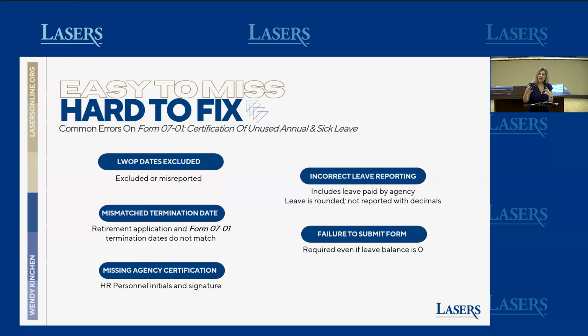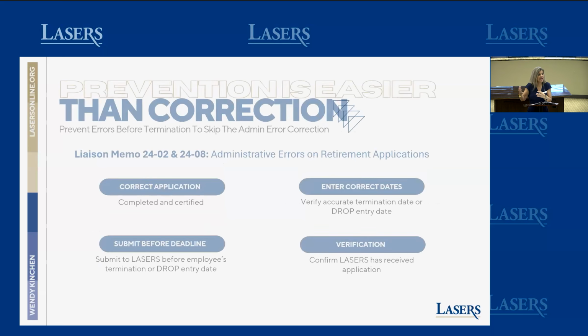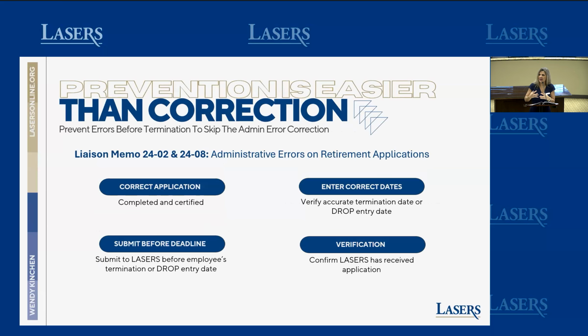If it's missing the agency certification, agency personnel should initial and certify all forms. If there's incorrect leave reporting, you've rounded, or you haven't taken out the 300 hours that the agency paid and you included those hours, make sure that the leave that is reported is correct and that you submit it.